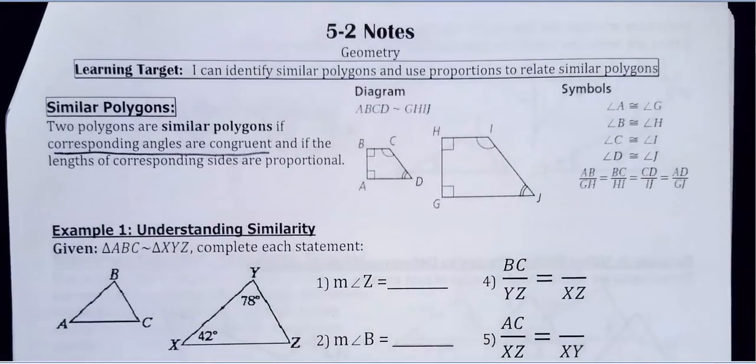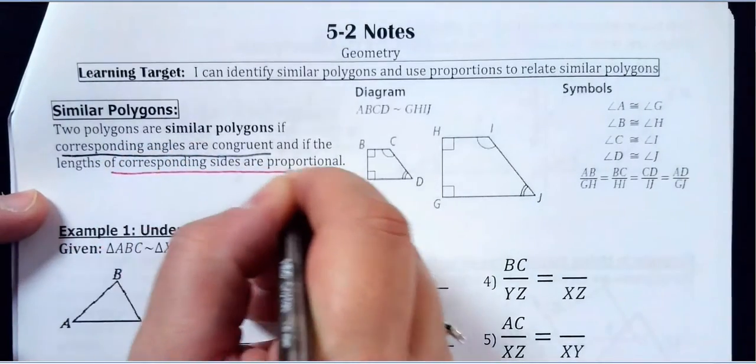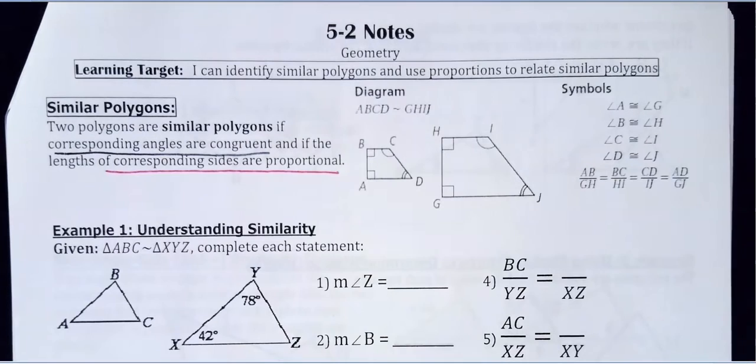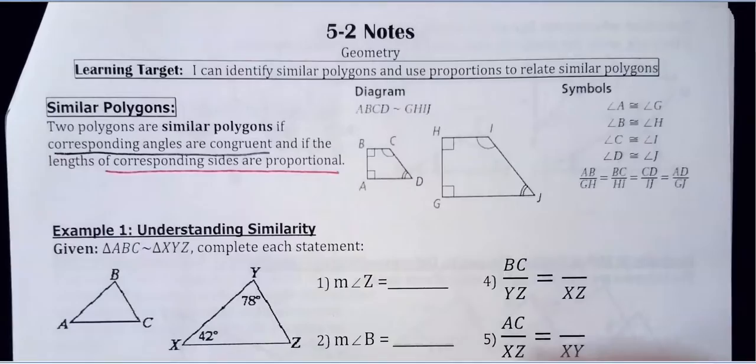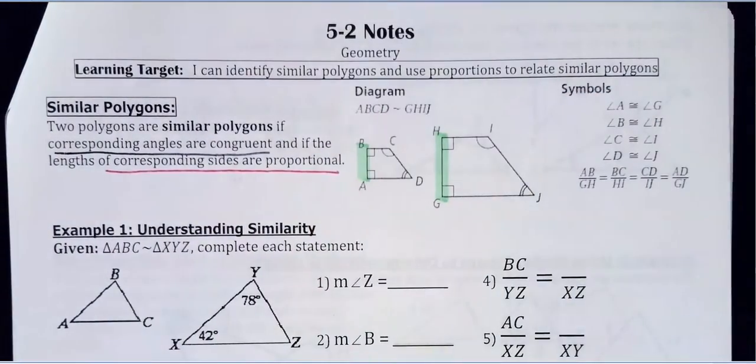Now, the part that's a little bit weirder about similar figures versus congruent figures: the lengths of all the sides are in proportion, or proportional. Here's how this works. Side AB would correspond to side GH in the bigger figure.